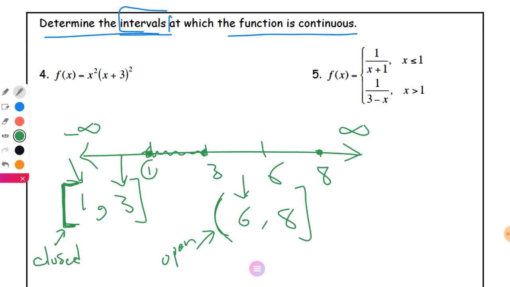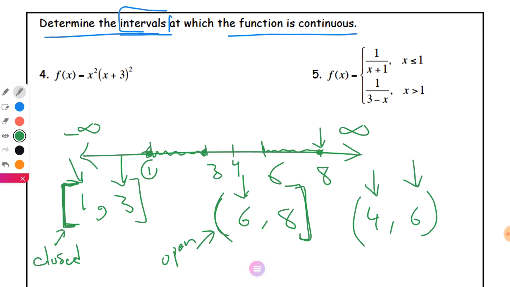It means all numbers more than 6 and less than or equal to 8, so 8 is in my solution, until 8, 8 included. If we write it like this, for example 4, 6, it means 4 not included, 6 not included.